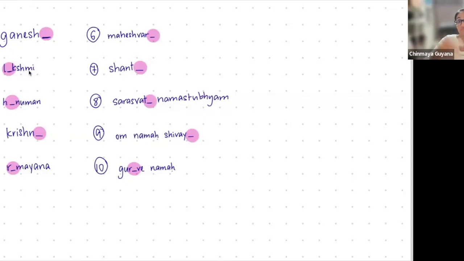Number 2 is Lakshmi. So you have to tell me which vowel is missing in Lakshmi. A, I, O, U. These are your options for all of the questions. Starting from number 1. Number 1 will be the answer for Ganesha. Number 2 will be the answer for Lakshmi, and on and on.